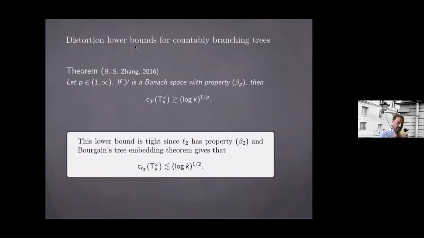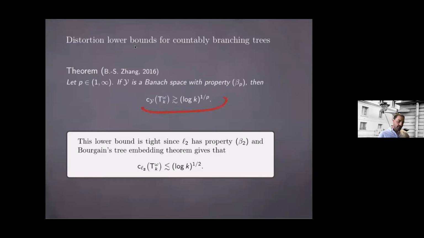Now, as I said, property beta is better if you want to understand the quantitative theory of embeddability of the co-type branching trees. And in a paper with Sheng Zhang, we showed the following thing. If a Banach space has property beta with power type p, then you have this distortion lower bound, that keeps popping up for trees, (log k)^(1/p).